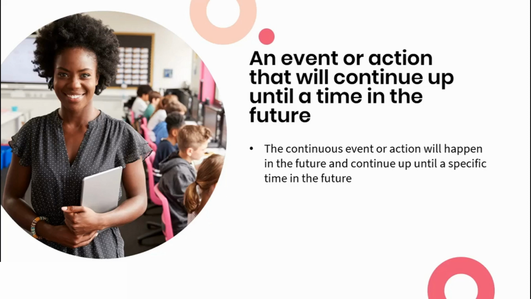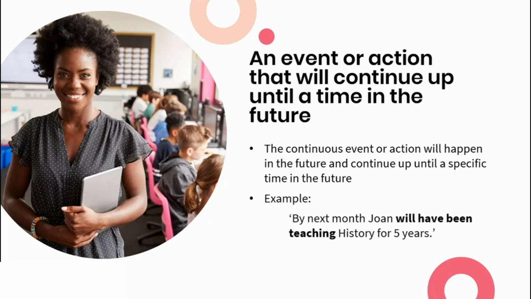For example, by next month, Joan will have been teaching history for 5 years. This sentence means that next month, Joan's teaching career will reach the 5-year milestone. It will be her 5-year teaching anniversary.